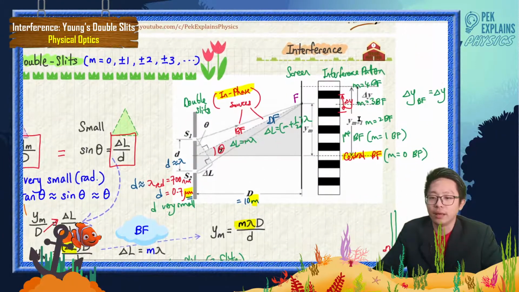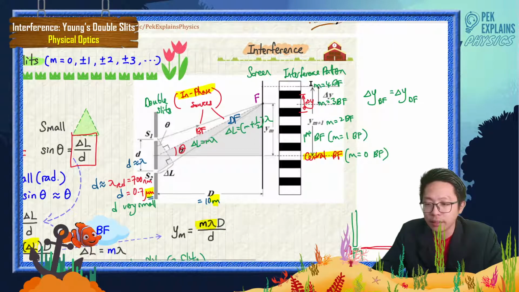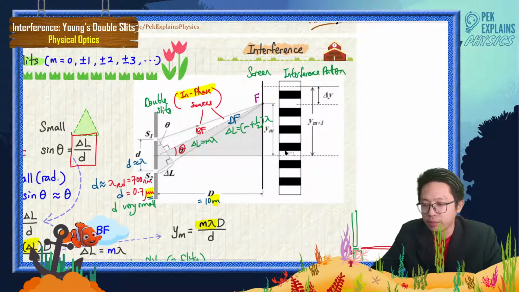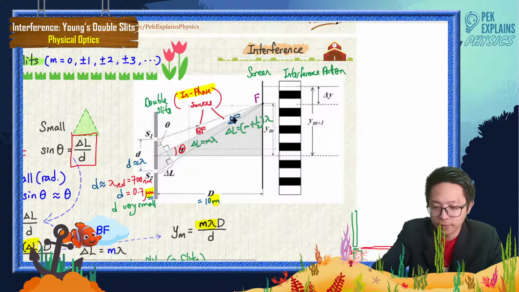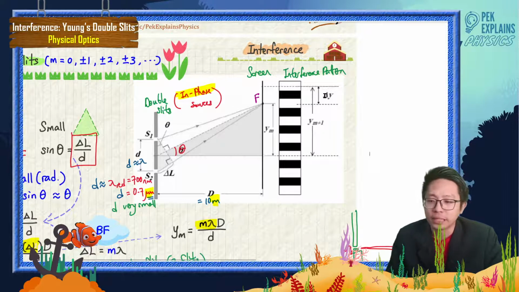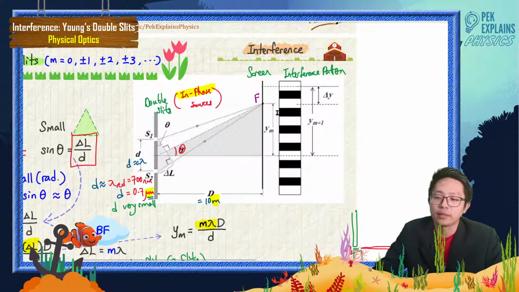You see, how to find delta Y? The separation between the two fringes is that we take the long minus the short.